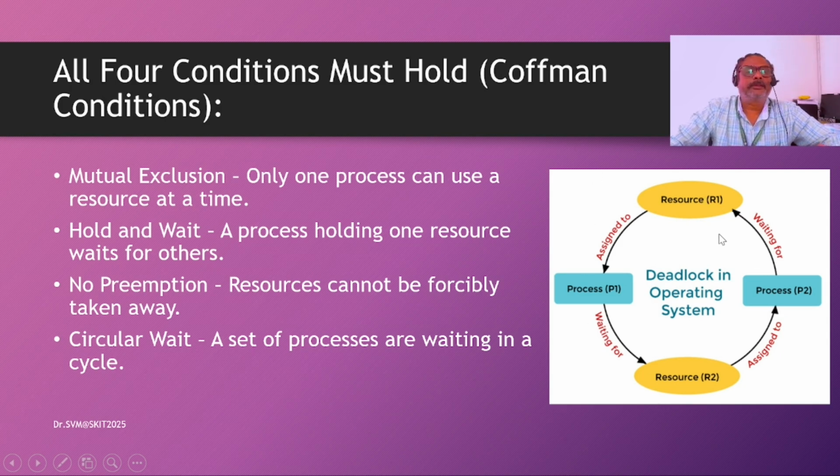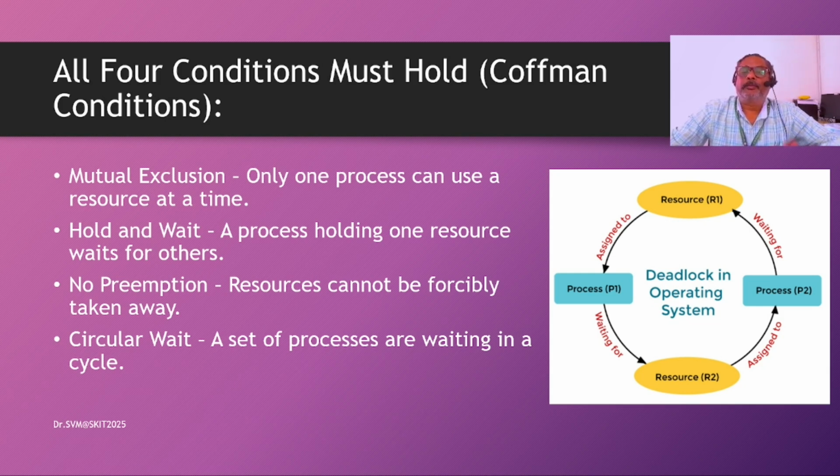So there is a cycle, and because of this, there is no chance: neither is R1 released by P1 because it is waiting for R2, nor is R2 released by P2 because it is waiting for R1.